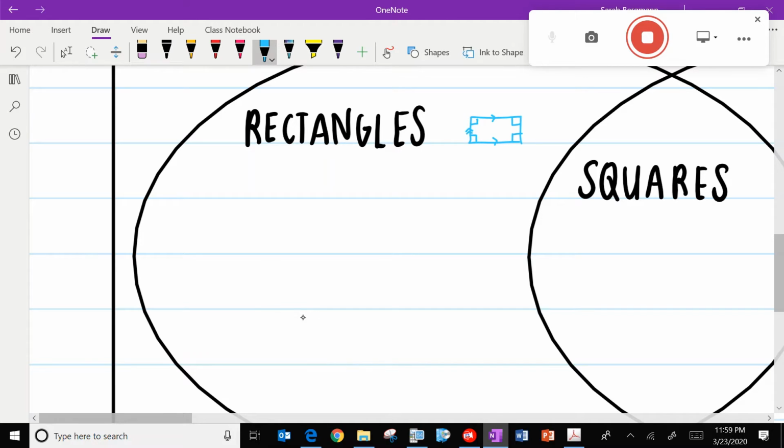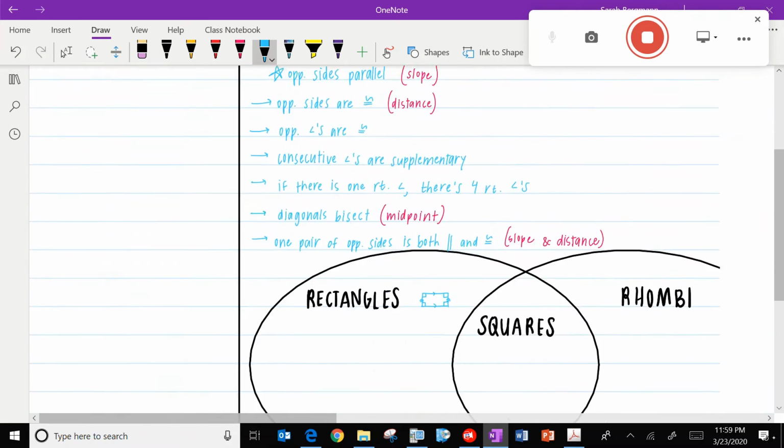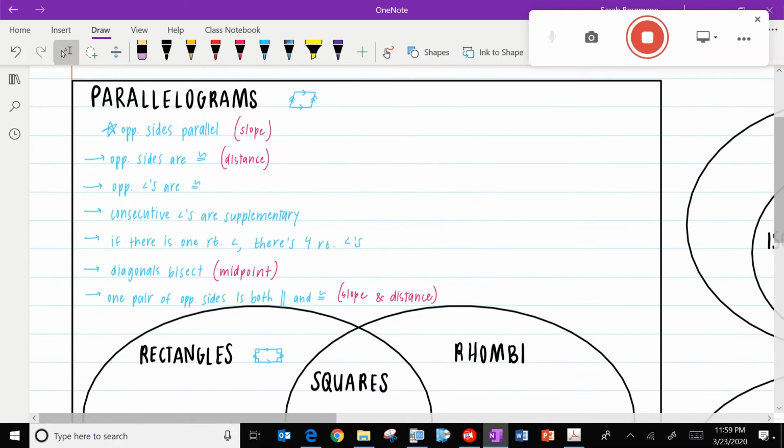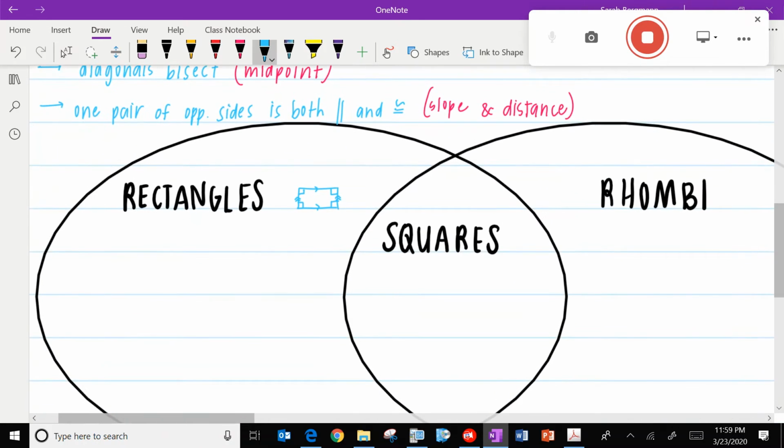So since they're parallelograms, they have all of these properties of parallelograms. Remember, this symbol means parallelogram.